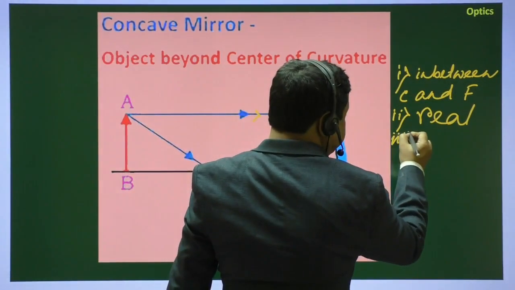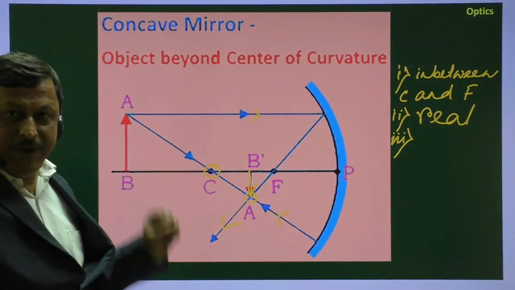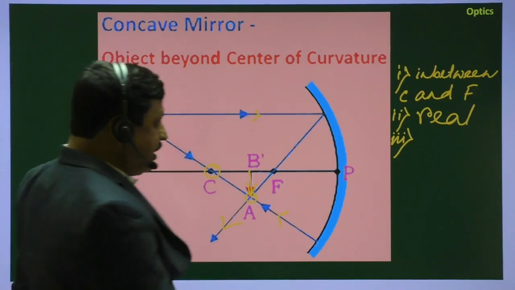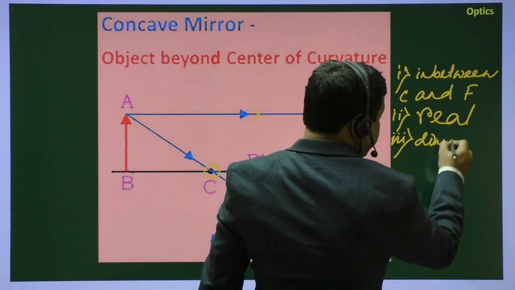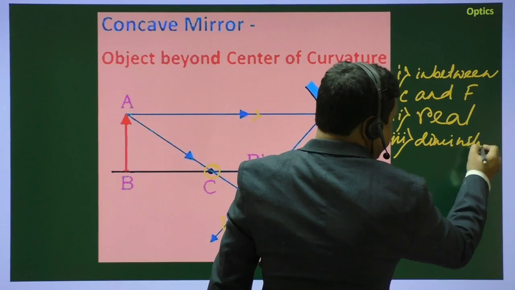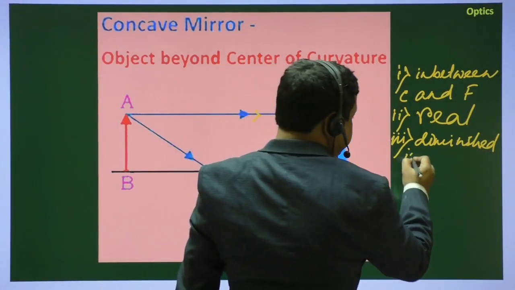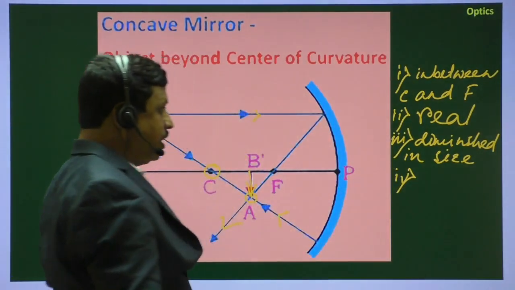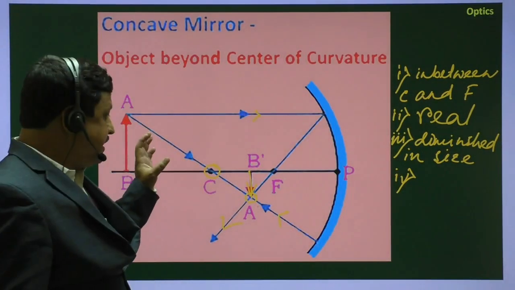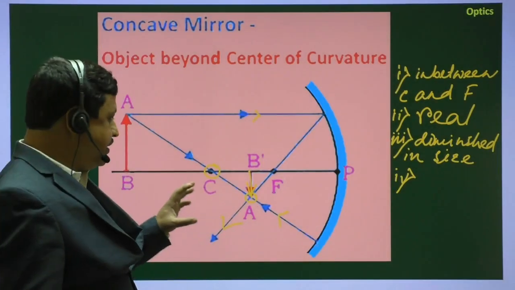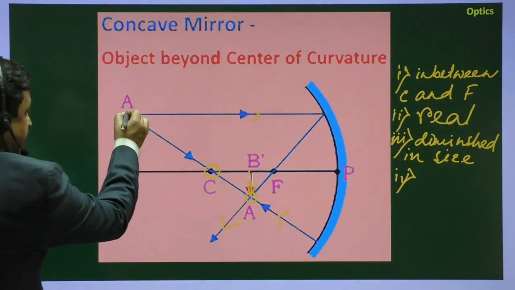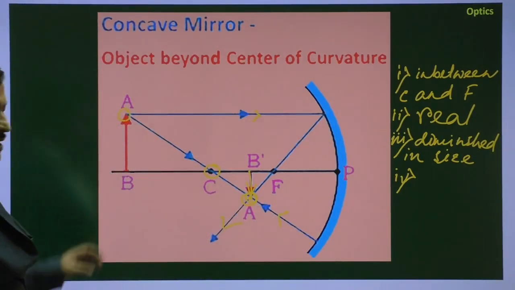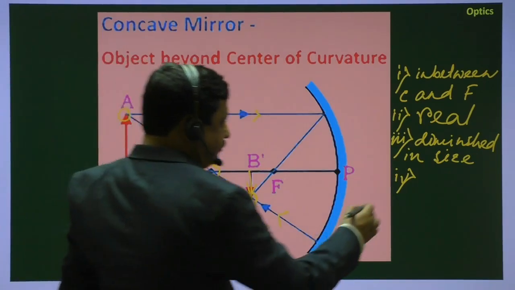Number 3, is the image diminished or enlarged? Obviously this image is diminished in size, right? Number 4, is it inverted or erect? Inverted means this head point, basically this is the head point, okay. That means the image will be inverted.